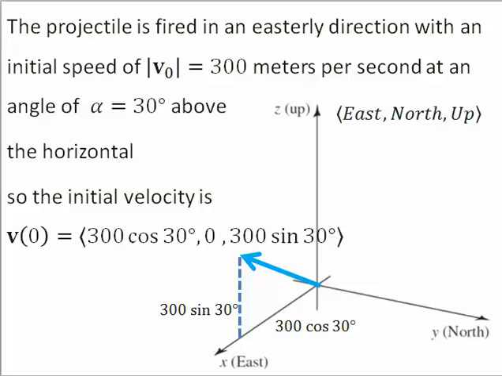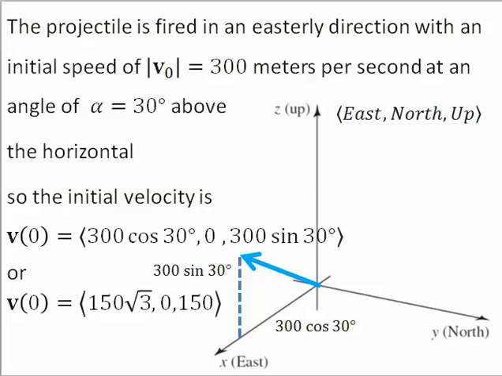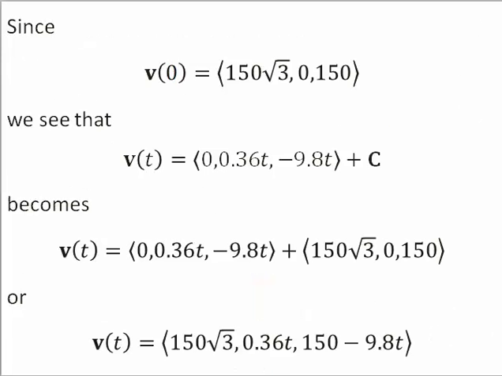Since it's fired in an easterly direction, the y component is 0. So v of 0 is 150 radical 3, 0, 150. We use that to go back and find our velocity vector.